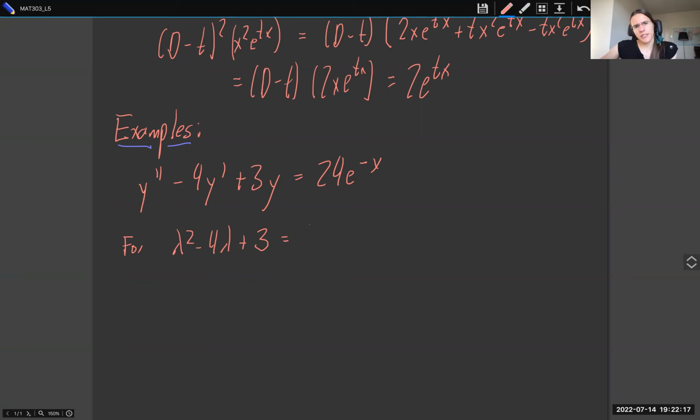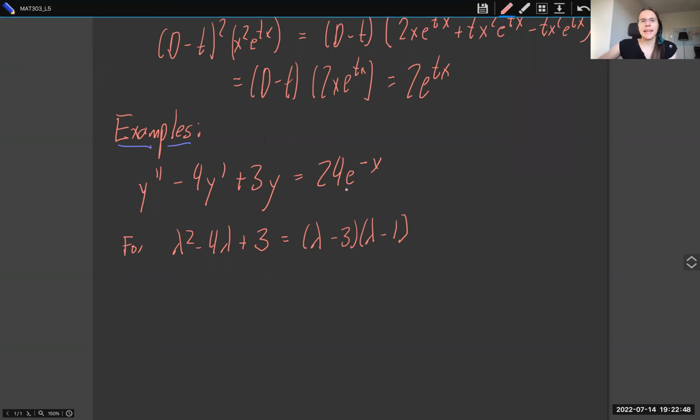We can factor this as what? Lambda minus 3 times lambda minus 1. And in particular, this root is 1, so this root is not negative 1. So negative 1 is not a root of this equation.